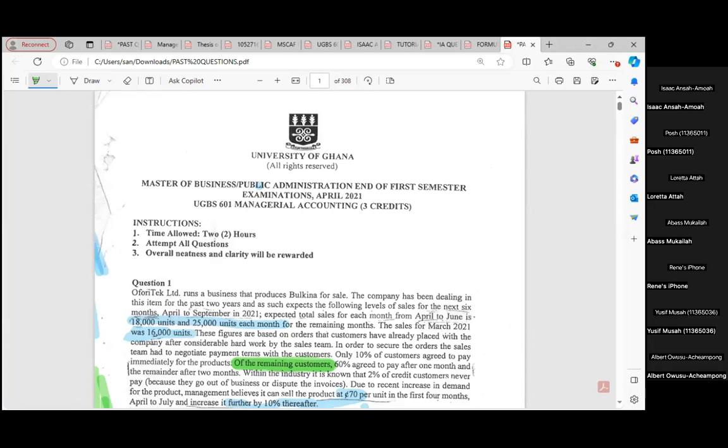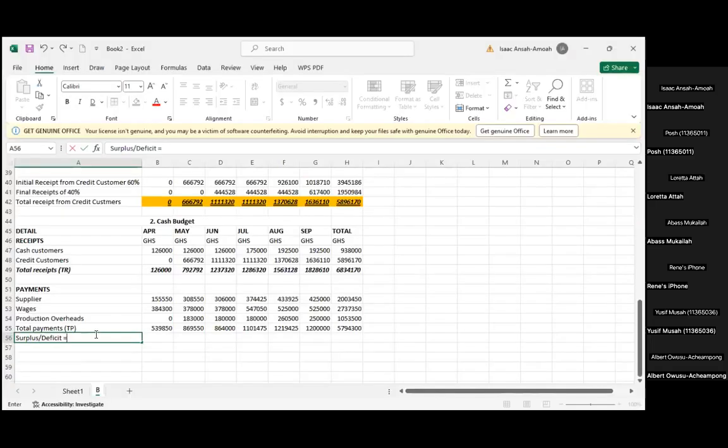Okay. So we're still trying to get deficits or surplus. So our deficit and surplus would be when you have your total receipts minus total payment, right? Total receipt minus total payment. I hope you get this. You put your total receipts and then your total payment to test.